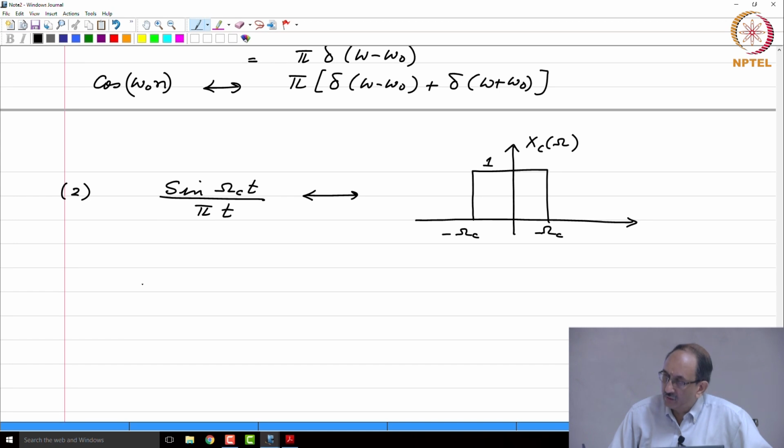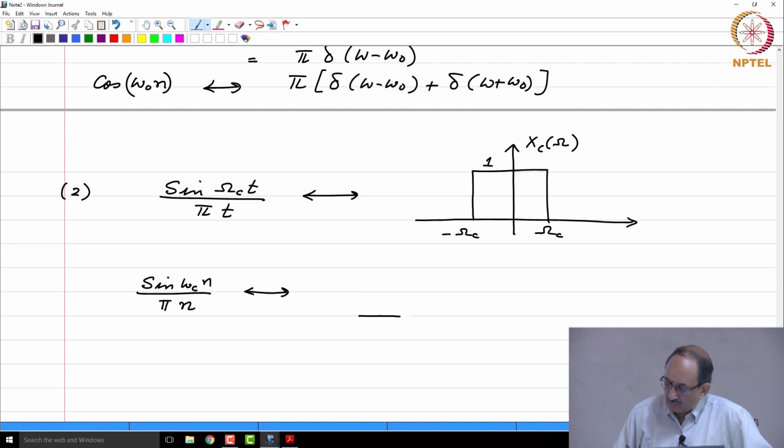And when we are done with this, we are trying to relate this to this pair, sin(ωc n)/(π n). This is the samples of the continuous time ideal low pass filter's impulse response.